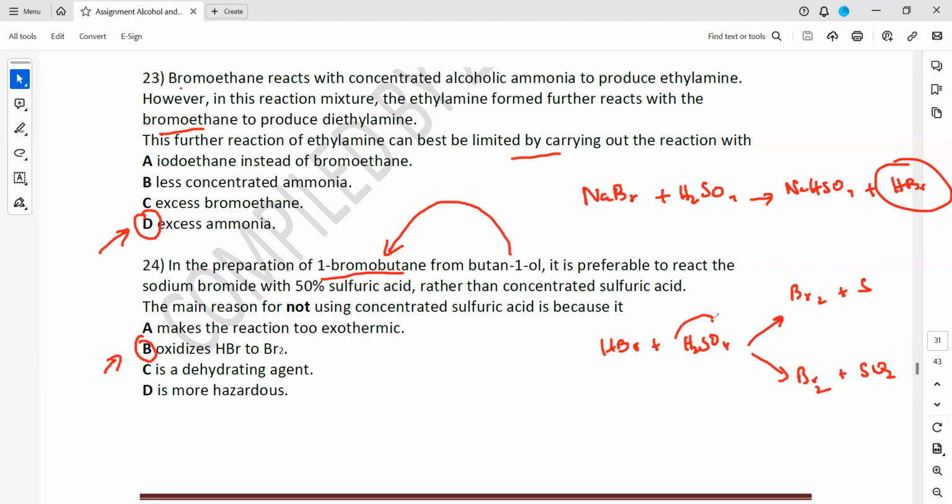If we use concentrated sulfuric acid, it will oxidize the bromide ion, Br at -1, to bromine at 0, while the sulfur in sulfuric acid gets reduced. That's why we want to minimize that. So B will be the right answer.